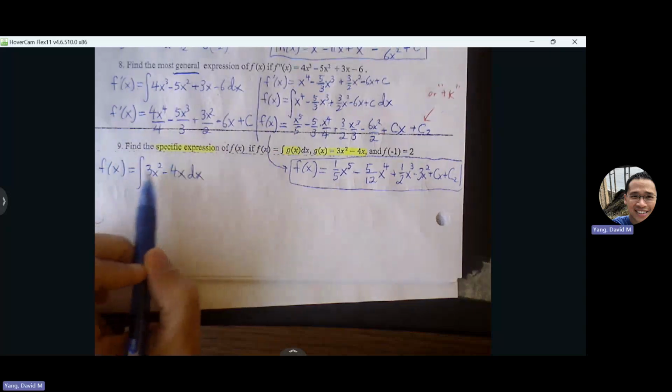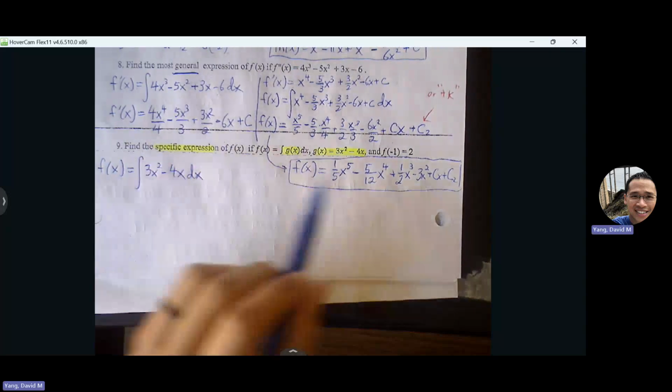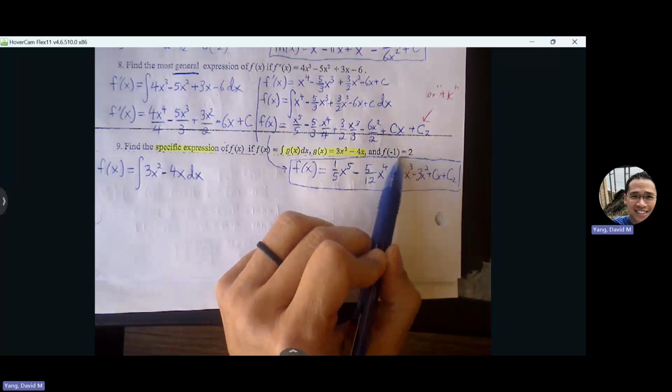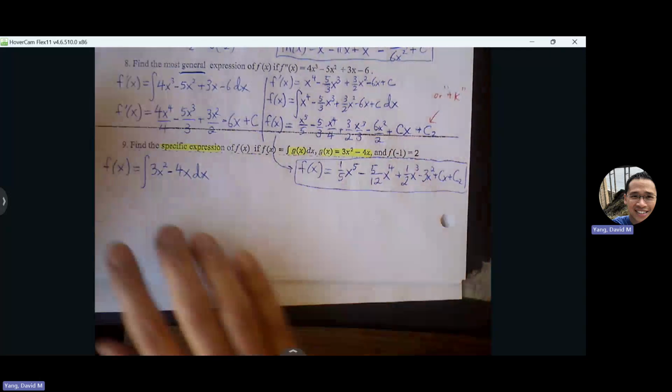Okay, so we're just a power rule away. A plus c is going to show up, and they're going to give us an ordered pair for us to use and solve for c and update our f of x.